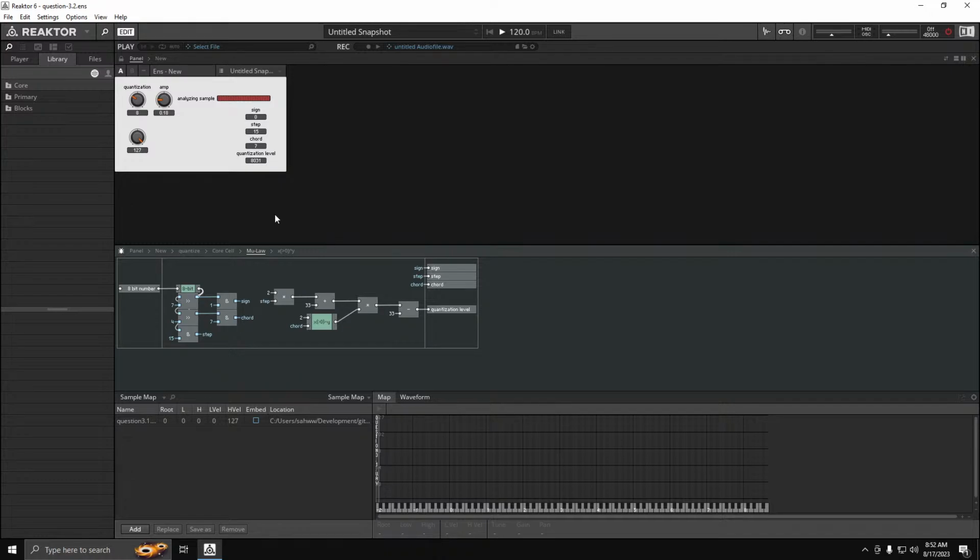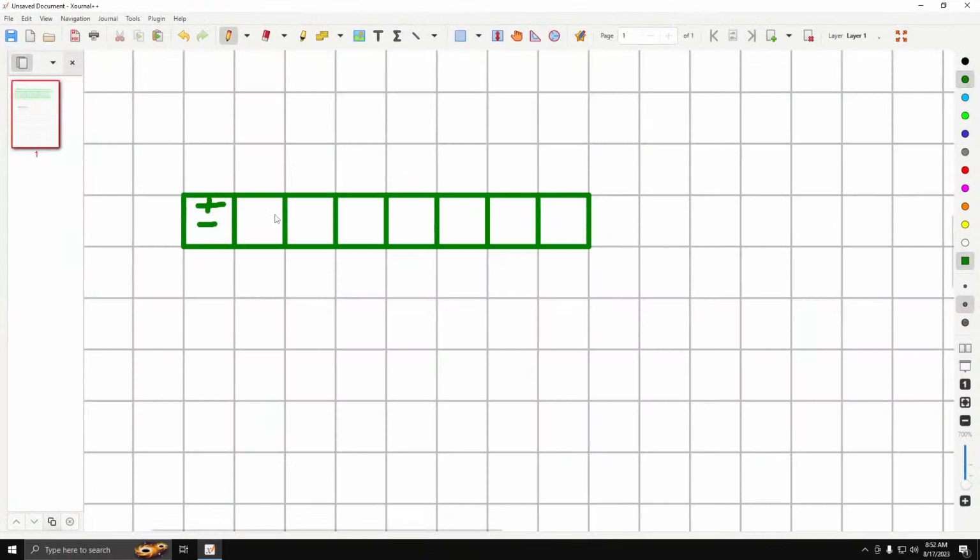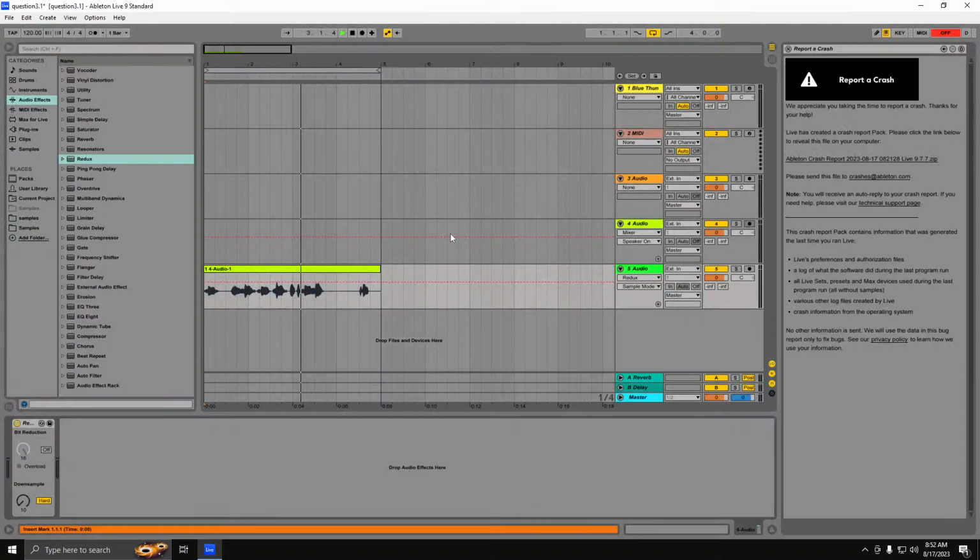Then it says three-bit chord, 4-bit step. So this would be the chord values in the byte, and this would be the step. So sign, chord values, step.